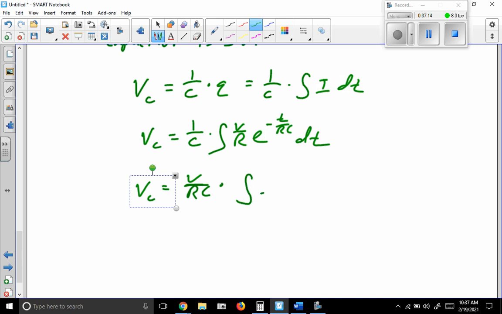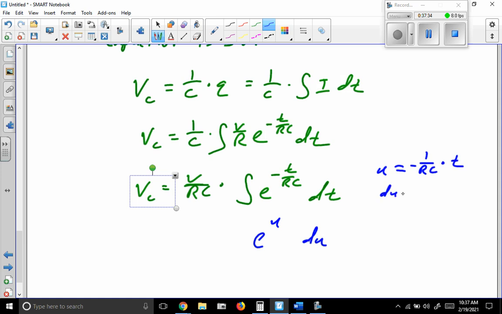That's times the integral of e to the negative t over RC dt. So this should integrate as e to the u du. If u is negative t over RC, or we could bring the RC out front as negative 1 over RC times t, then du would be the derivative of that. This is a constant.